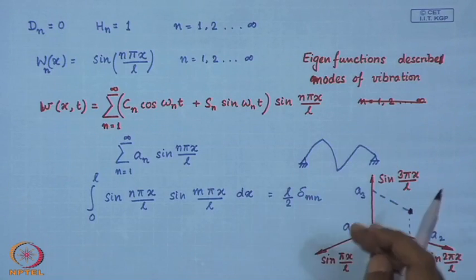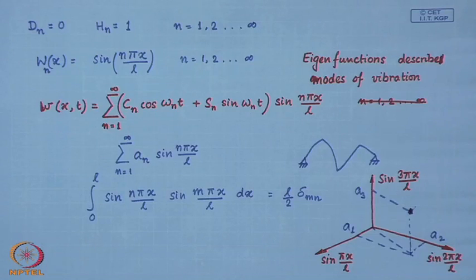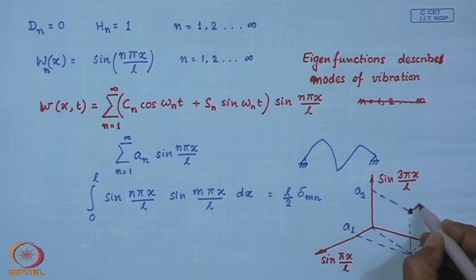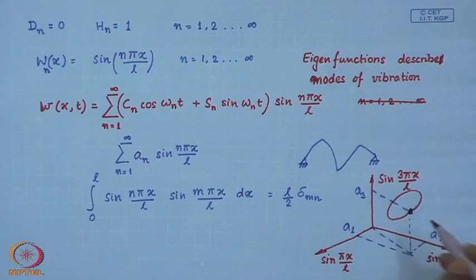So, as the string moves, it is nothing but the motion of this point. So, if the string executes a periodic motion in this space, then it would be a perfectly closed curve.